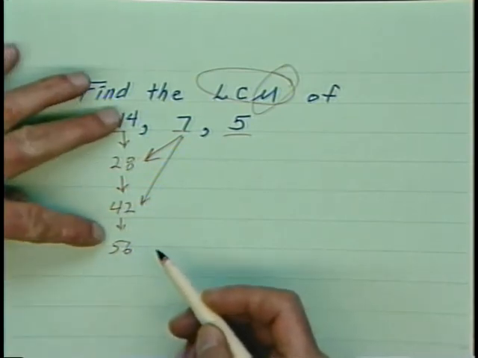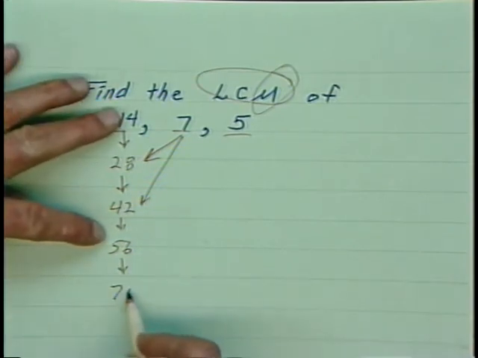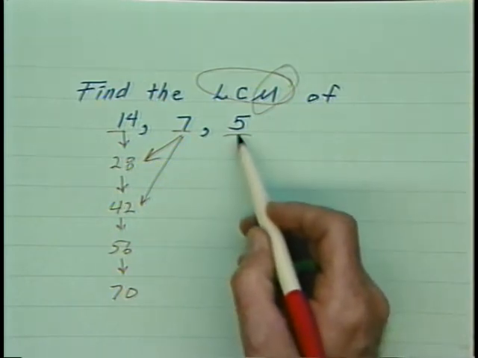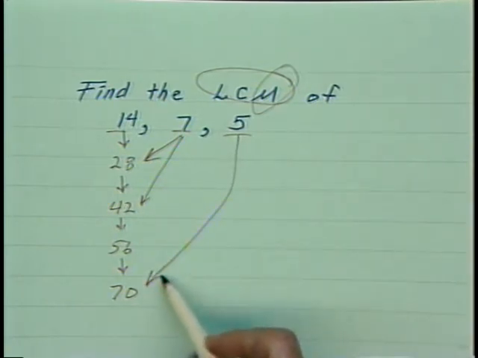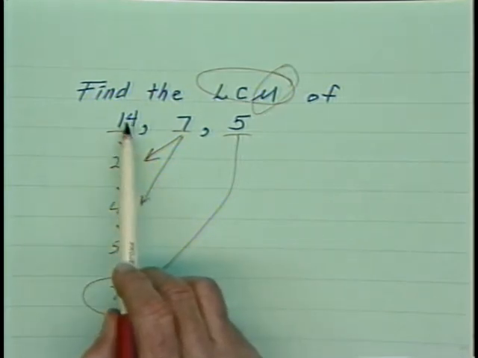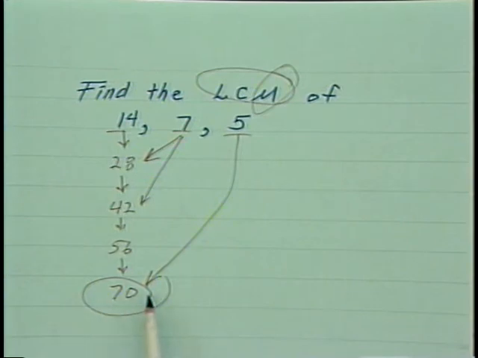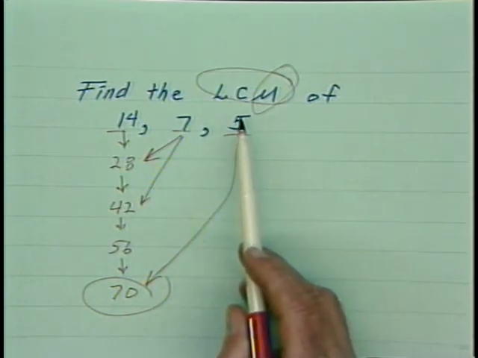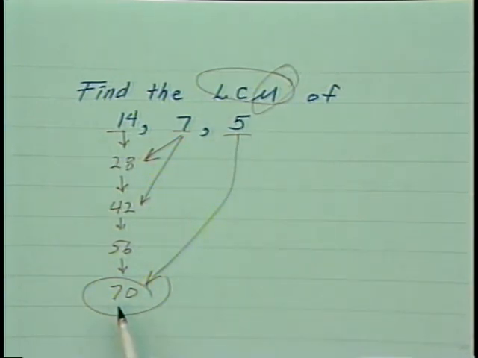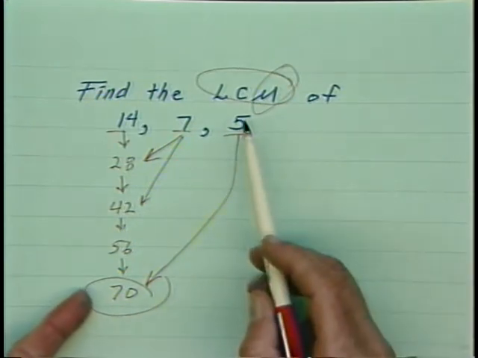If we take the next multiple, which will be 70, now finally we can see that 5 will. So we have a multiple of 14 that 7 will divide into, which means it's also a multiple of 7, and that 5 will also go into, which tells me it's also a multiple of 5.